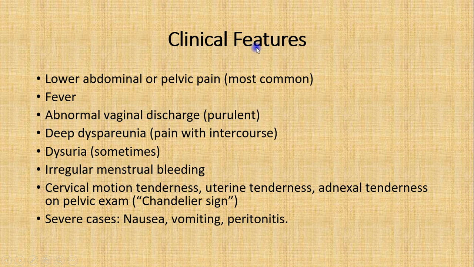What are the clinical features? Lower abdominal or pelvic pain, which is most common, fever, abnormal vaginal discharge, which is usually purulent, deep dyspareunia, which is pain during intercourse, dysuria, which is pain on urination, happens sometimes, irregular menstrual bleeding, cervical motion tenderness, uterine tenderness, adnexal tenderness on pelvic exam, which is chandelier sign.